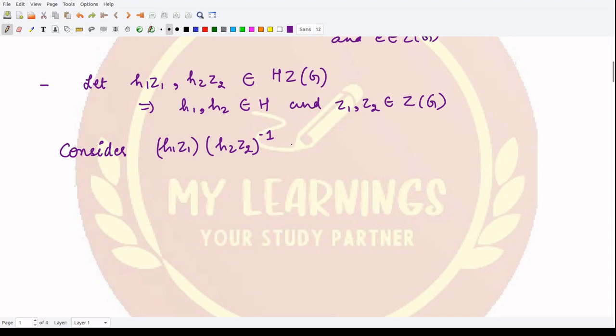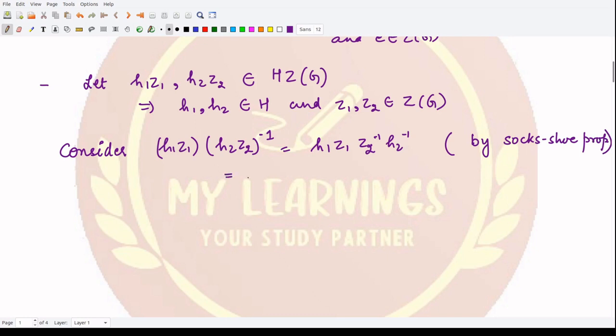So for this you can write it like this: h1z1 z2 inverse h2 inverse. Why? Because we can make use of the socks and shoes property, in which we reverse the order if we have an inverse.